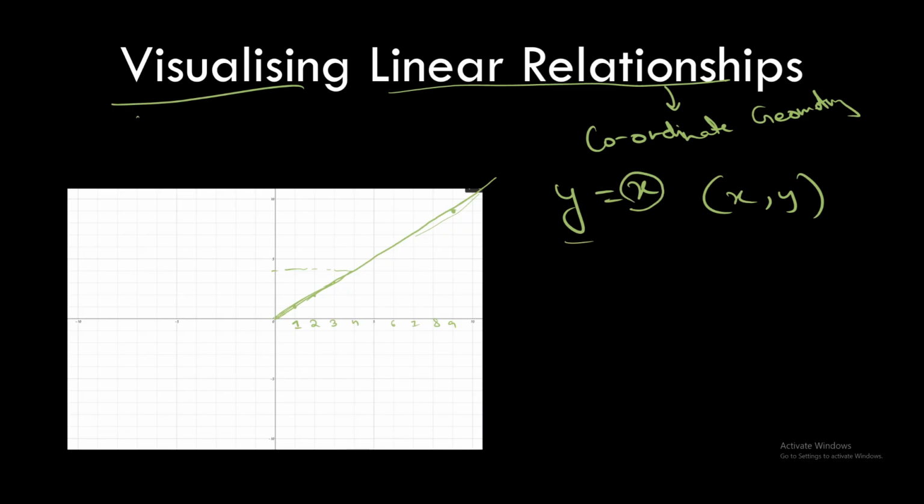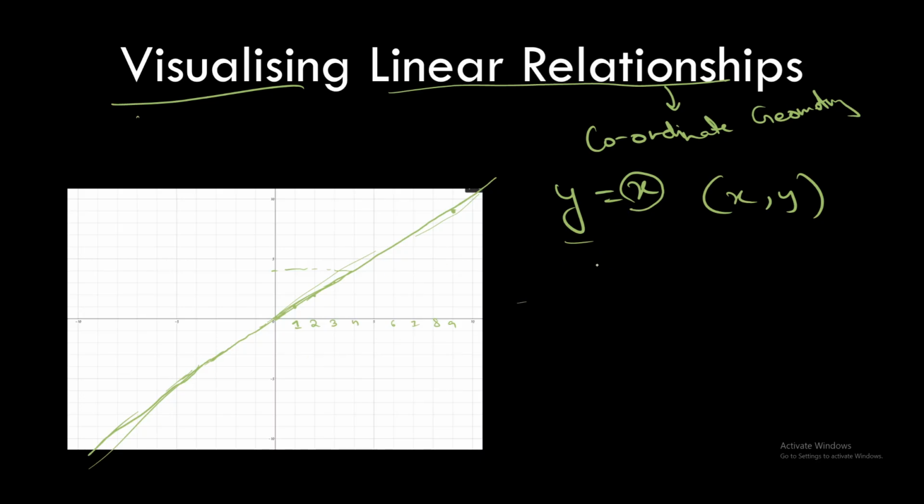And the same also goes for negatives. It does not only stay here, it also goes this way. So we can also extend it backwards like this, and so on. So this is going to be our graph of y is equal to x.